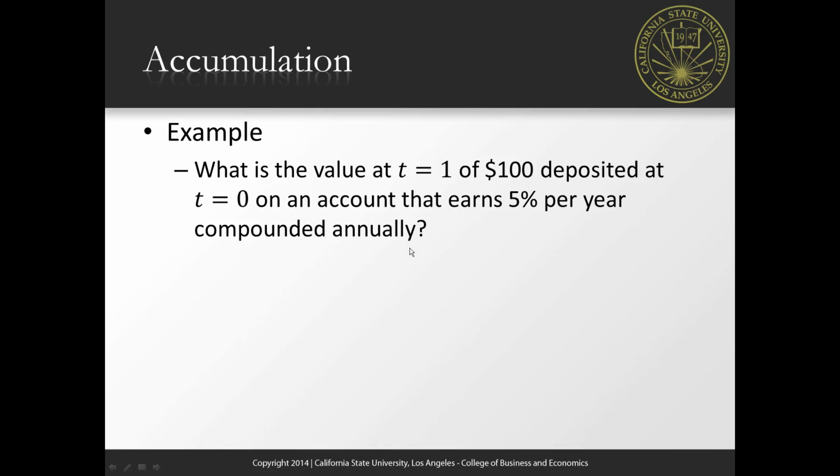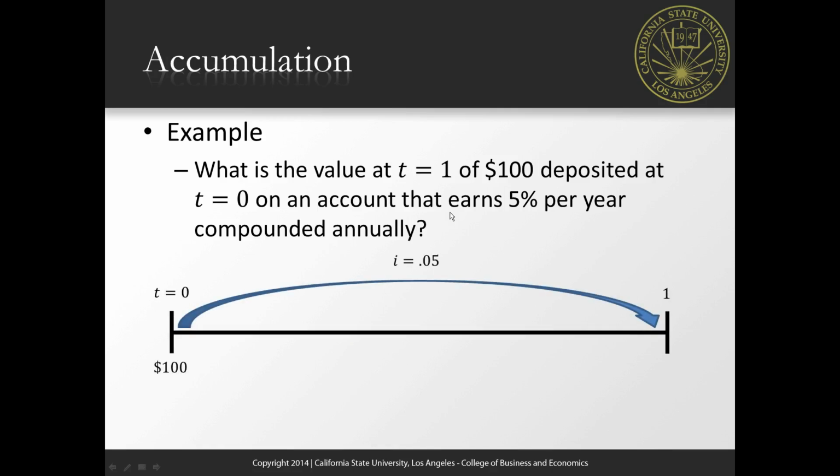So 1 year into the future, if we deposited $100 at t equals 0, so that is right now, what is the value of the $100 that we put in today? If it's earning 5% per year compounded annually, what will that be worth at the end of the first year? So again, we start off by drawing our timeline. You can see that we start off with $100 at t equals 0.